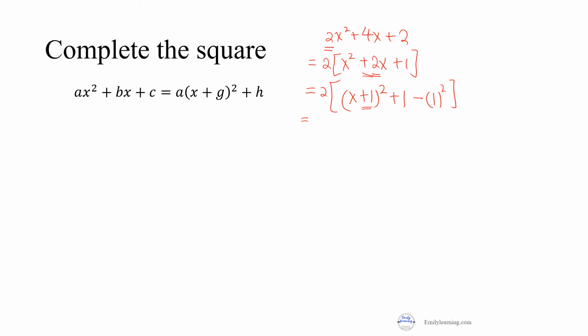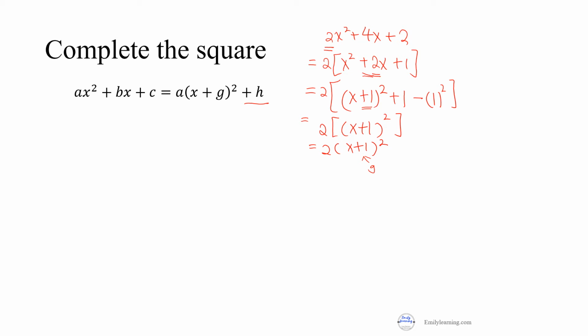So when I complete the square, 1 square minus 1 square is basically 0. I'll get 2 bracket x plus 1 square. So my g is equal to 1 and my h is 0 for this case.